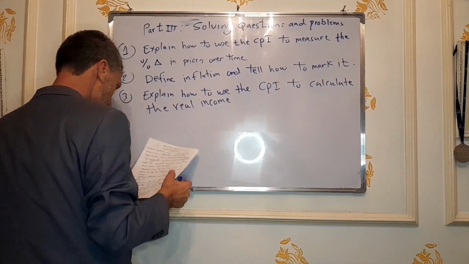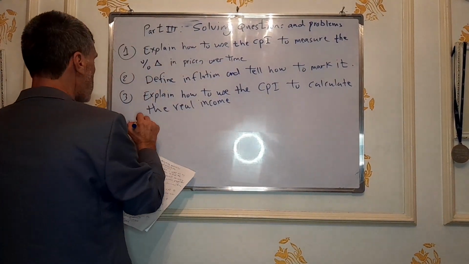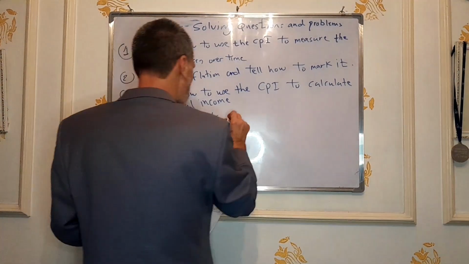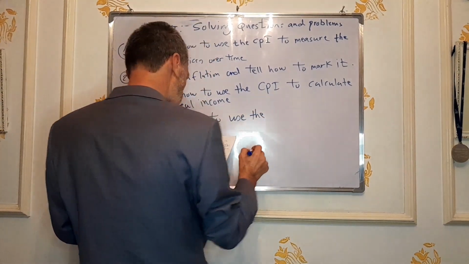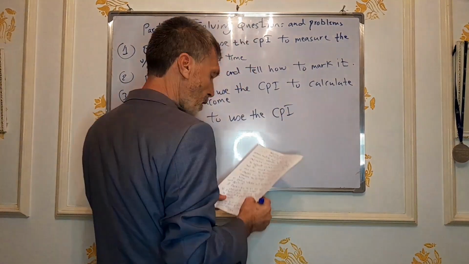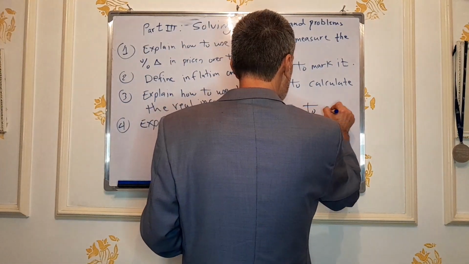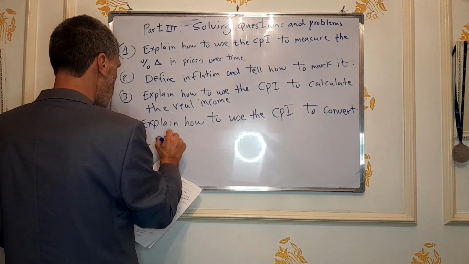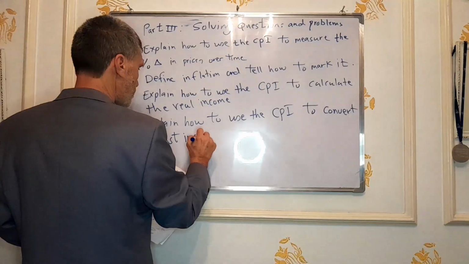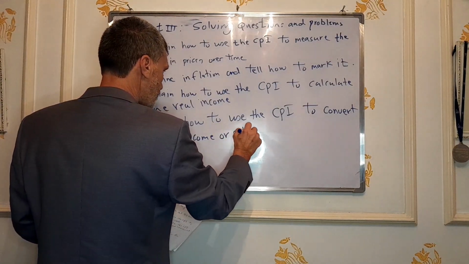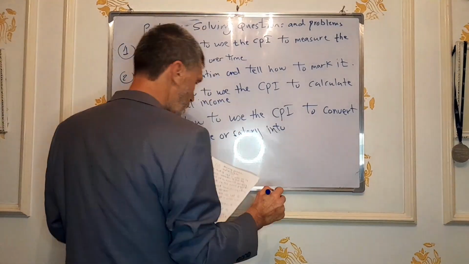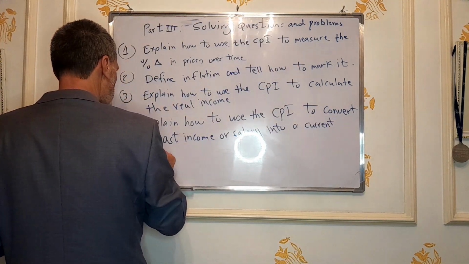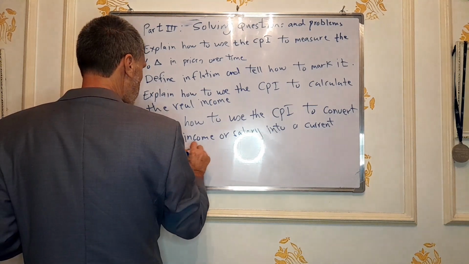The fourth one: explain how to use the CPI, the Consumer Price Index, to convert a past income or salary into a current income or salary.